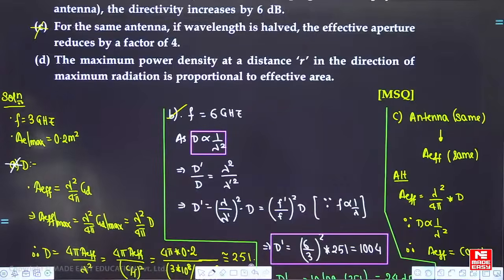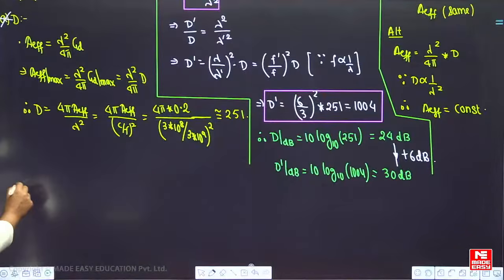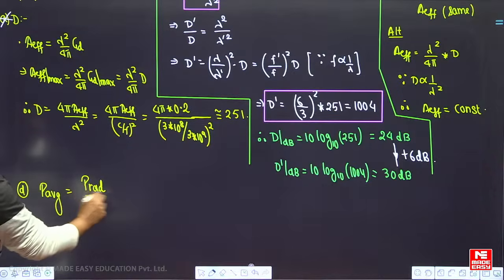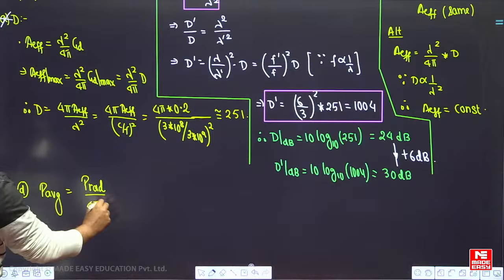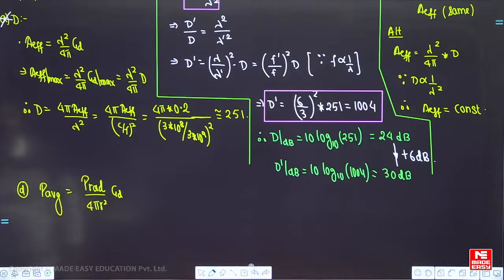Option D, the maximum power density at a distance r in the direction of maximum radiation is proportional to effective area. Let us check for option D. Power density P average is given by the formula P radiation upon 4 pi r square into GD, right? This is the average power density at a distance r.